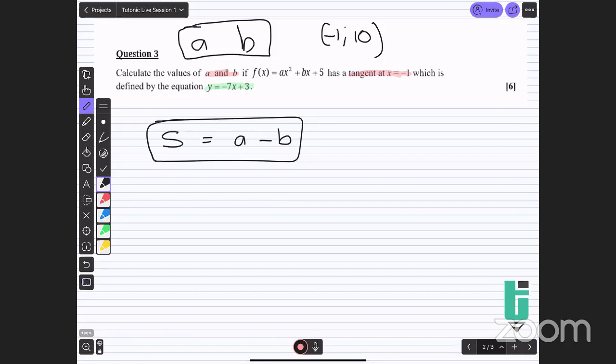That will equal the gradient at x equals -1. What's the gradient at -1? -7. Why? Because they give the gradient of the tangent.